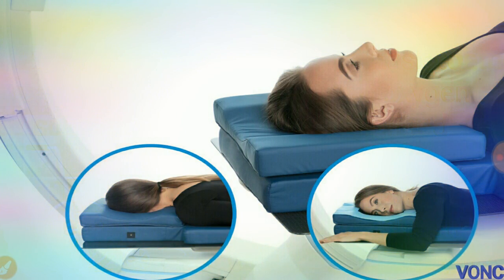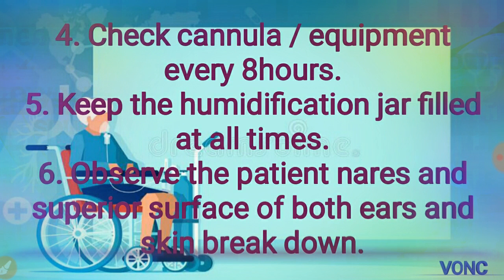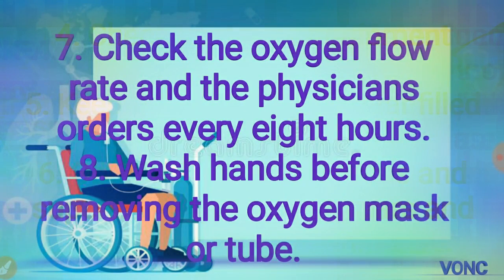Then check the cannula or equipment every 8 hours. Keep the humidification jar filled at all times. Also observe the patient's nares, the superior surface of both ears and the skin for breakdown, because the pressure over the ears or the elastic can cause skin irritation. And we should check the oxygen flow rate.